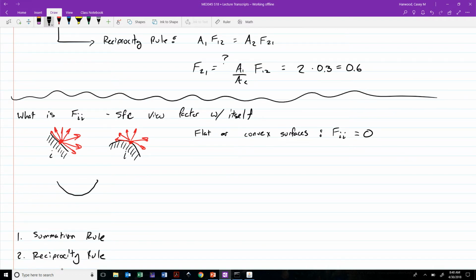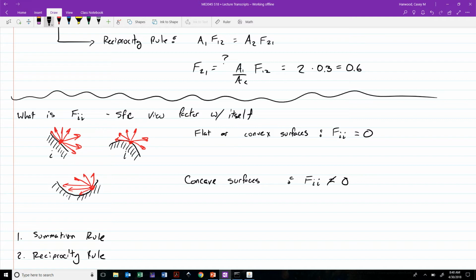However, if you have a concave surface, a point that's radiating energy, some of that energy is going to come back and actually hit the same surface. And so for concave bodies or surfaces, F_ii is not equal to 0.